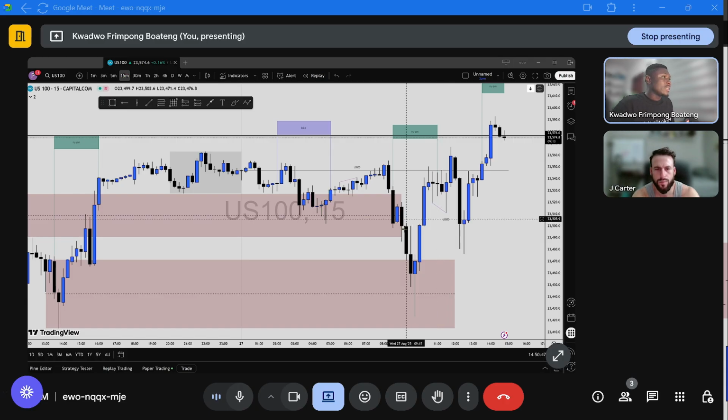The 9:30 opened right on this candle. The 8:30 open had already given us a Judah swing lower. But since we didn't have any high impact news on the calendar, our focus will come on the 9:30 open.